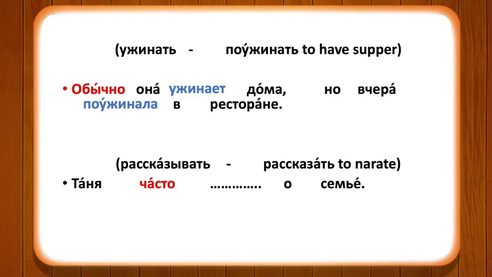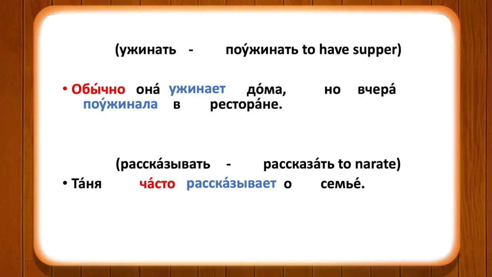So Tanya часто, when you are using the adverb часто, it indicates again an action which takes place more than once. So to denote such actions, we use imperfective aspect. The verb that we will be using here will be рассказывать, and you will be conjugating this verb according to the subject Tanya, она. Она рассказывает.